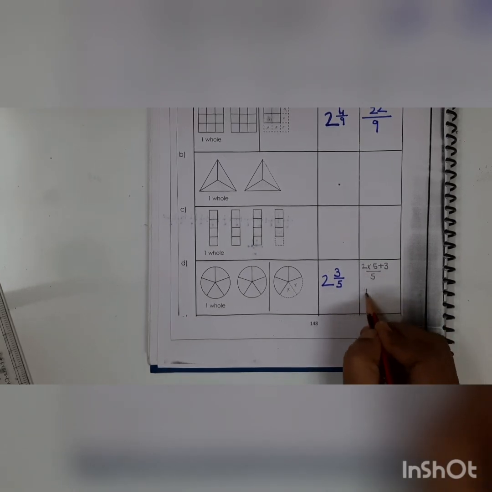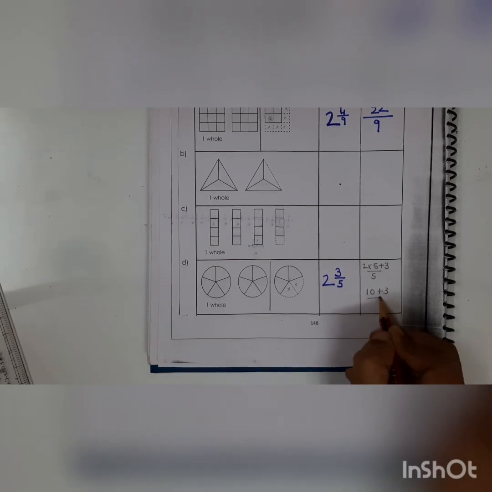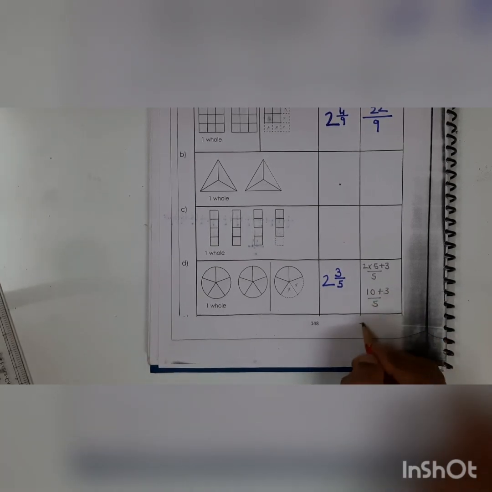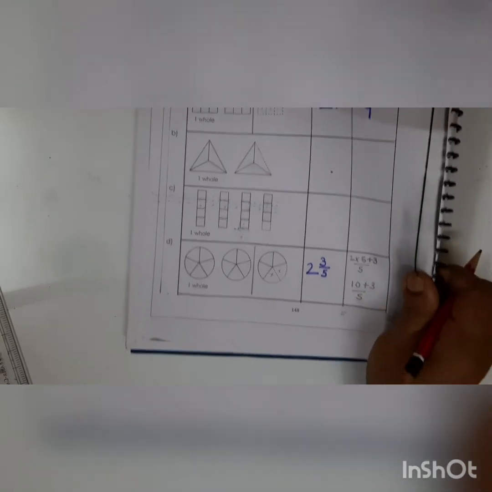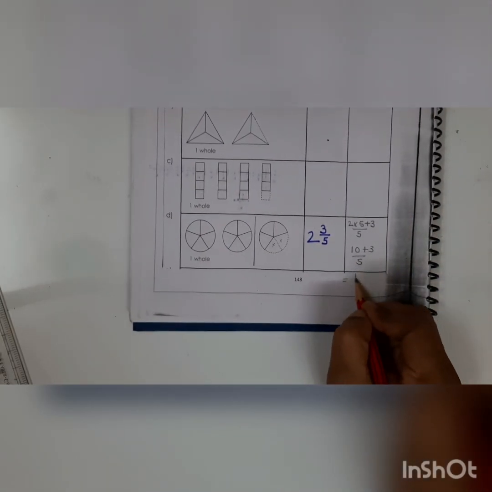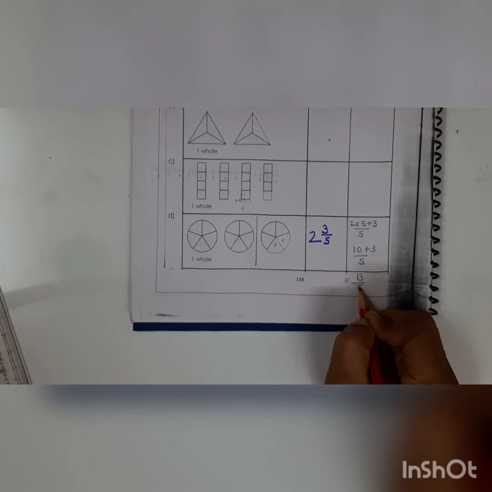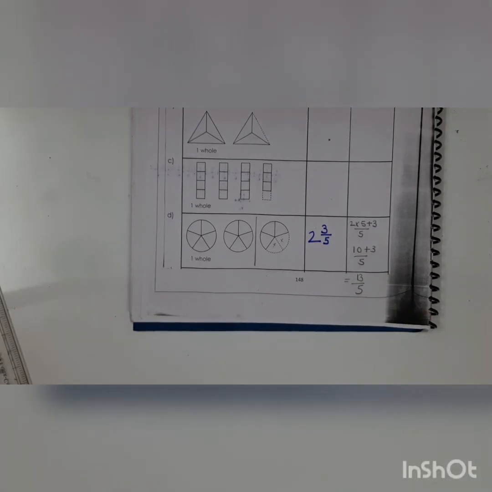So 5 twos are 10 plus 3 upon 5. So what will be your answer? 13 upon 5. Got it? Okay, let's move to the next one.